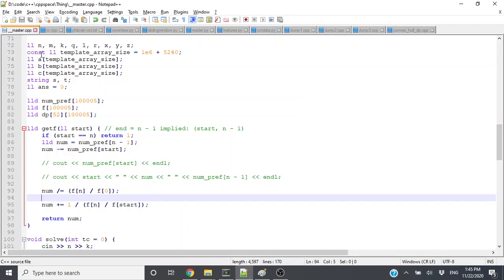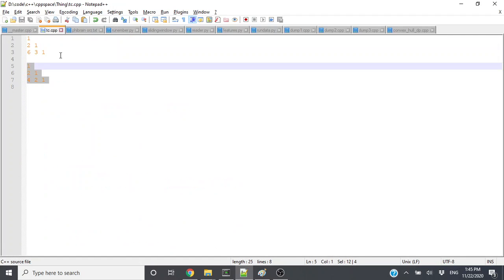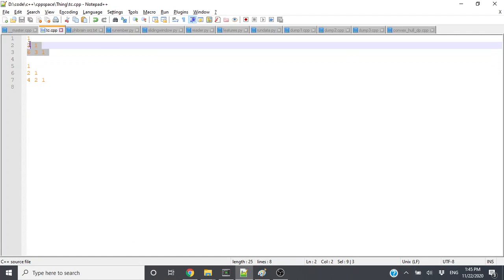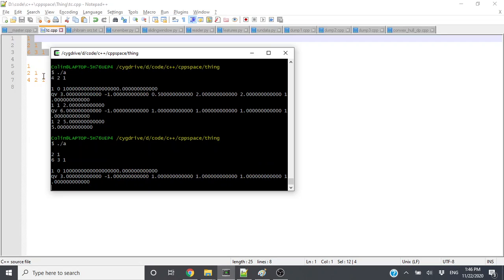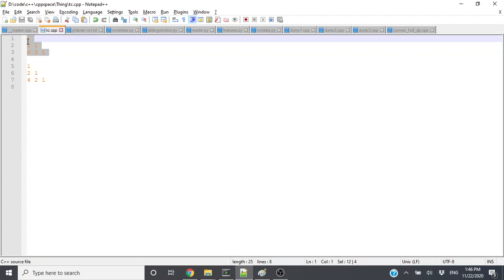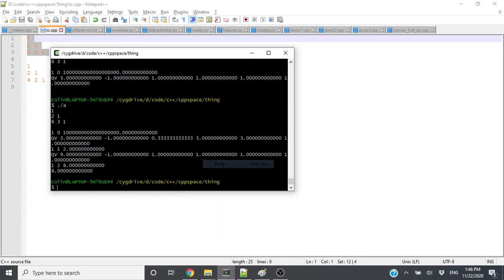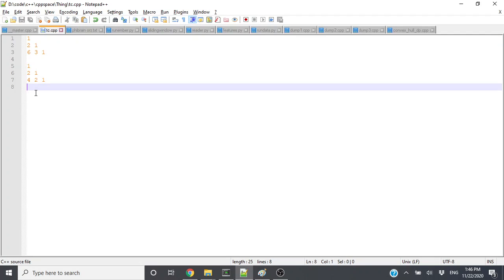Makes it 5. I just don't understand. So 2 is the right answer for that, and this doesn't make any sense whatsoever. I don't even know how you get 9 as a query value.